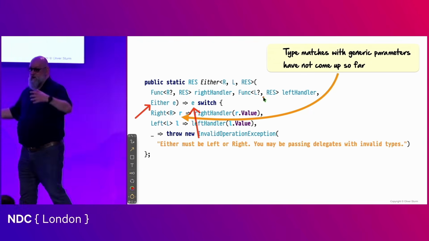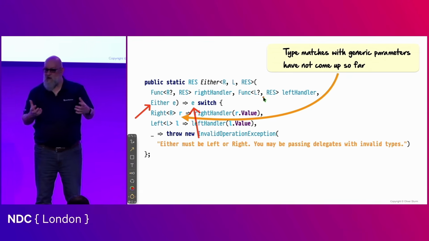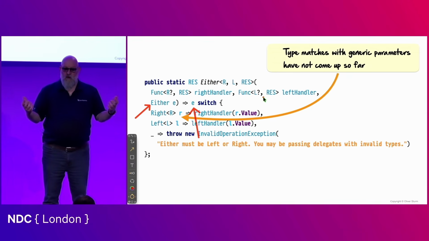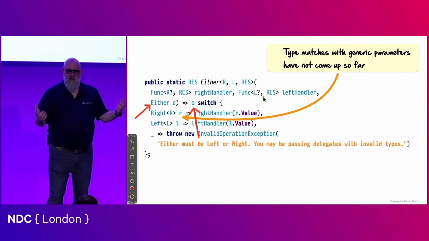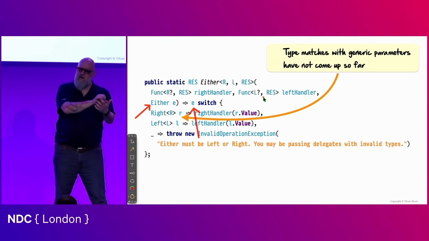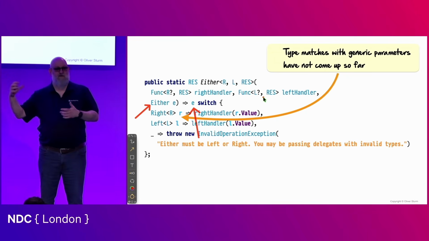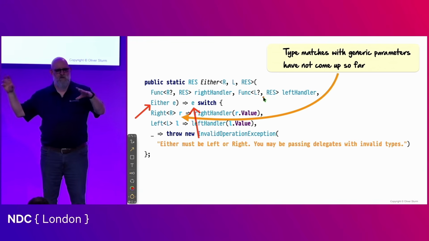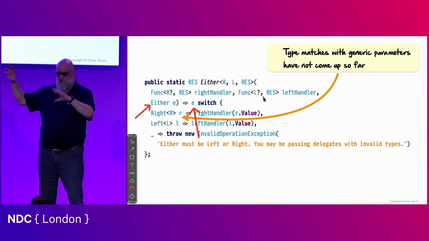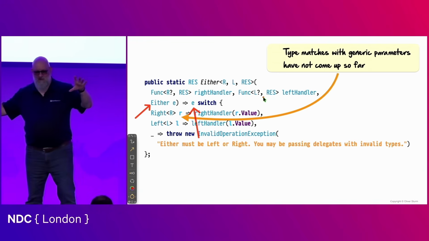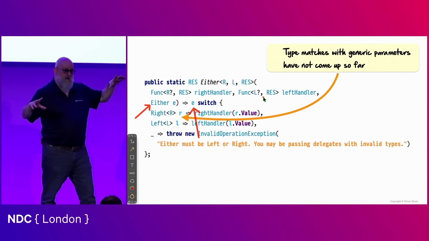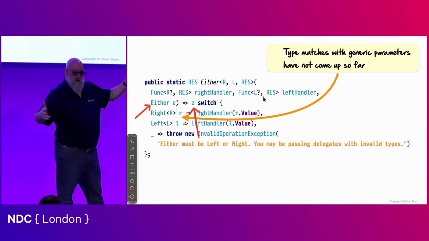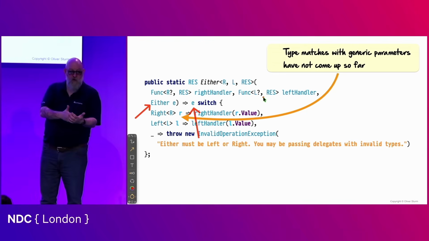But in reality, I know that the Either variable I receive could be of multiple derived types. There is a type Right of T, and there is a type Left of T. If anyone's familiar with functional languages, you might totally understand what that is, but I don't want to go there right now, okay? So there are just two derived types, and they both have generic parameters, whereas my base class type does not.